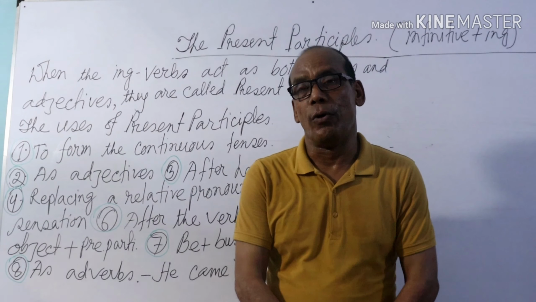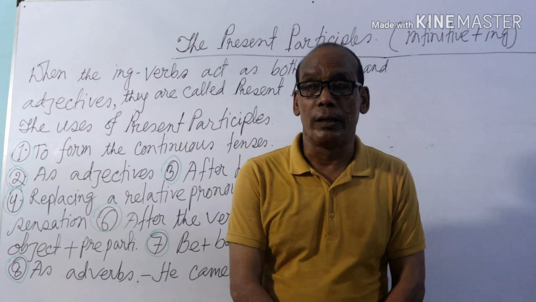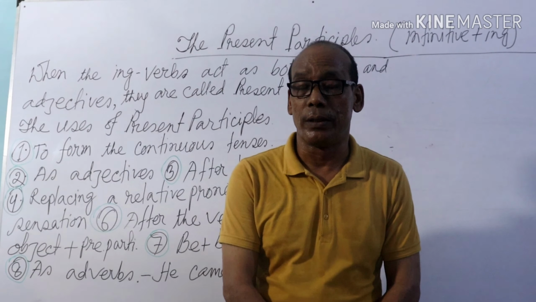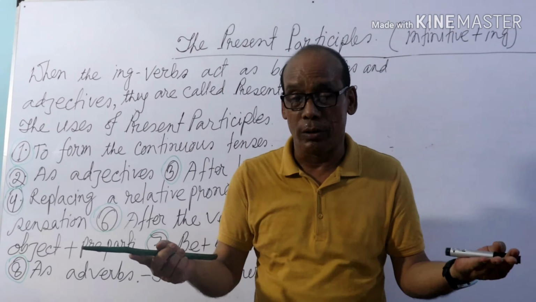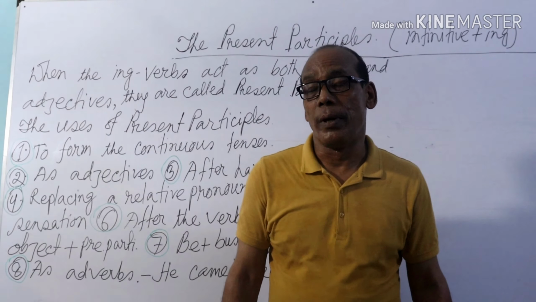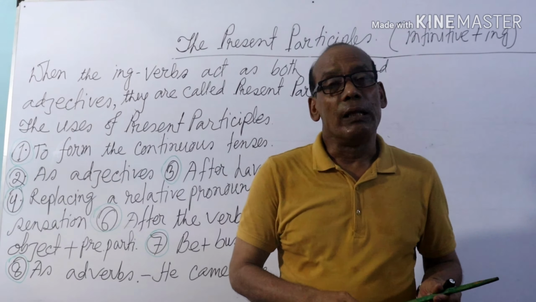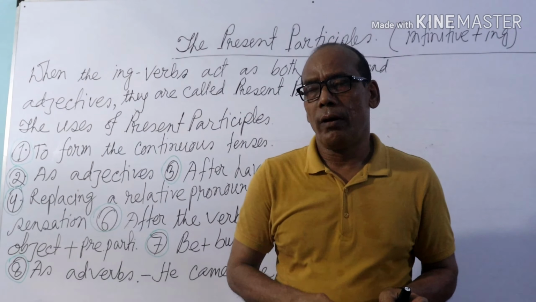In every passive voice, the main verb must be past participle, and this is a characteristic of passive voice. Either it is in present indefinite or present continuous or in whichever tense it may be, in passive, the main verb must be past participle.